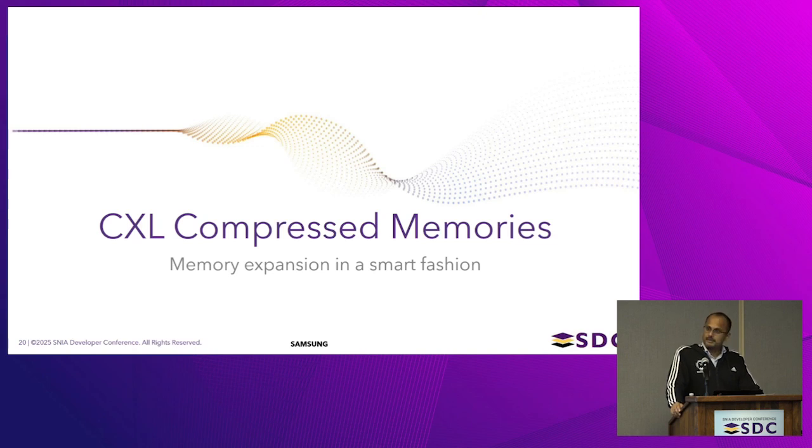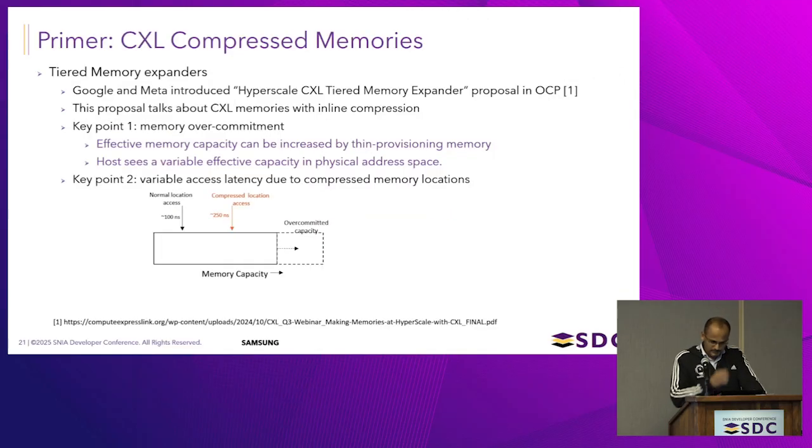This is another mechanism for CXL memories, which is an upcoming proposal. It's about CXL compressed memories. Last year there was a proposal in OCP about a hyperscale CXL tiered memory expander, which is nothing but CXL compressed memories.